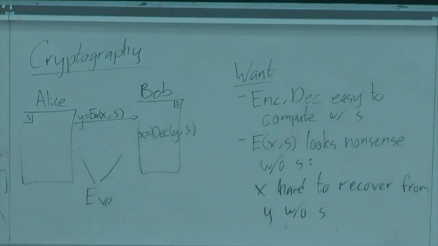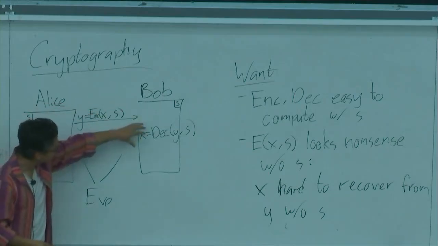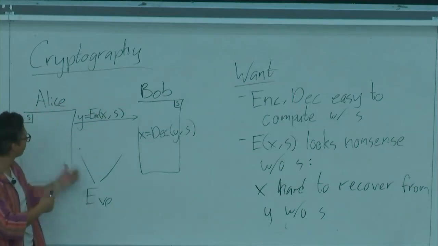There's stronger notions, there's weaker notions, there's all these different types of notions of what it means to be secure. But at its highest level, we just have three players in this game where Alice is sending a message that's encrypted, Bob can decrypt it, and Eve can't learn anything if she doesn't have the secret key.